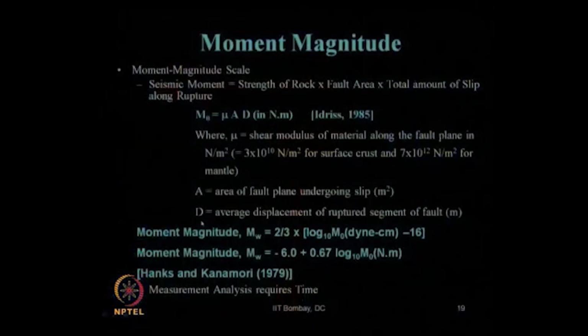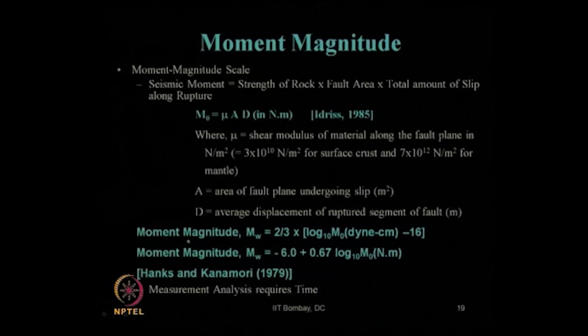And this capital D is the average displacement of that ruptured segment, that is, how much the fault has slipped, in the unit of meter. Then only it will give us the unit in Newton meter, of course.